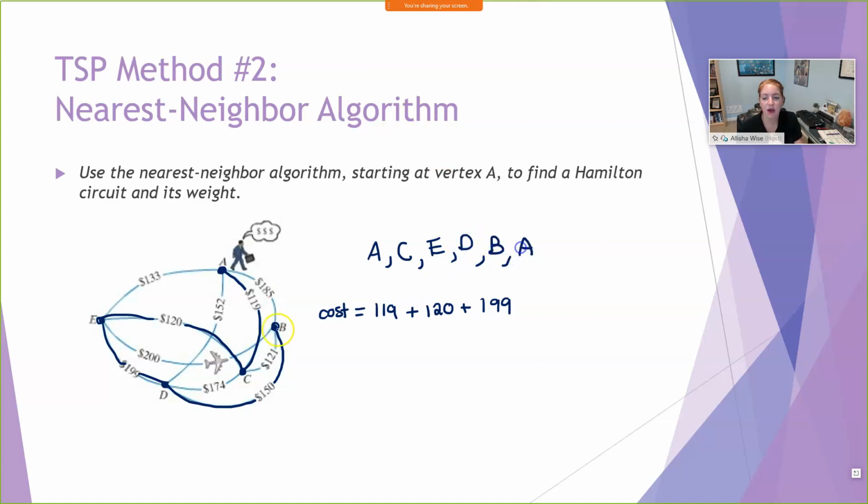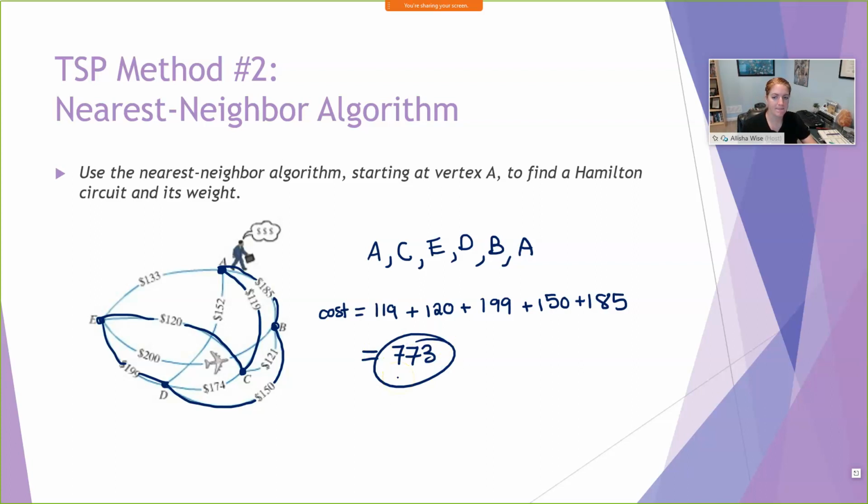And then we have to come back home, so we have to take that edge. That would be 150 plus 185, which gives a total cost of 773. Yes, 773.